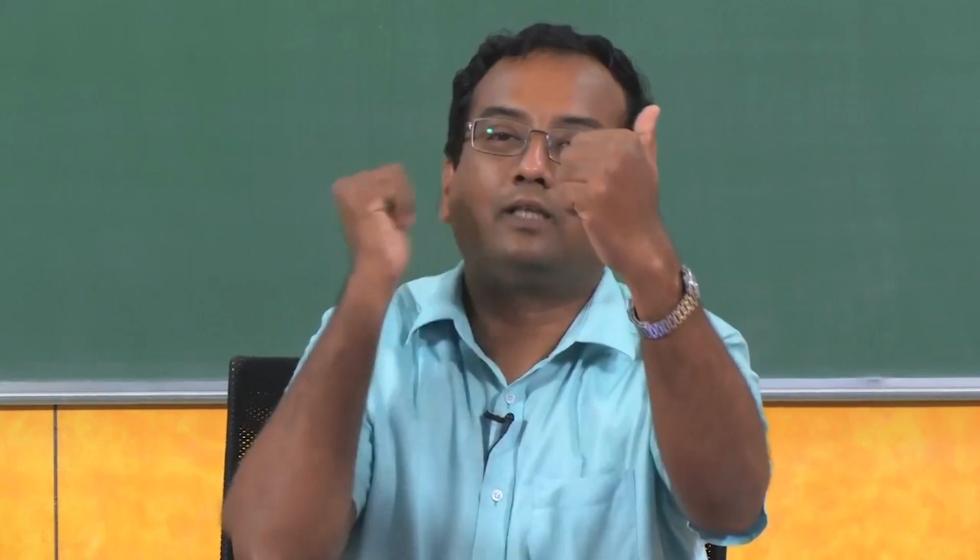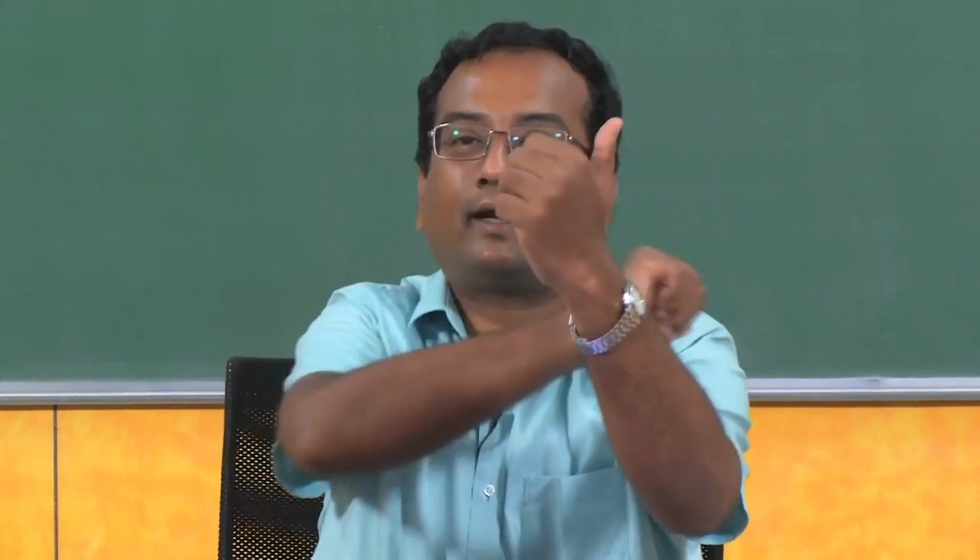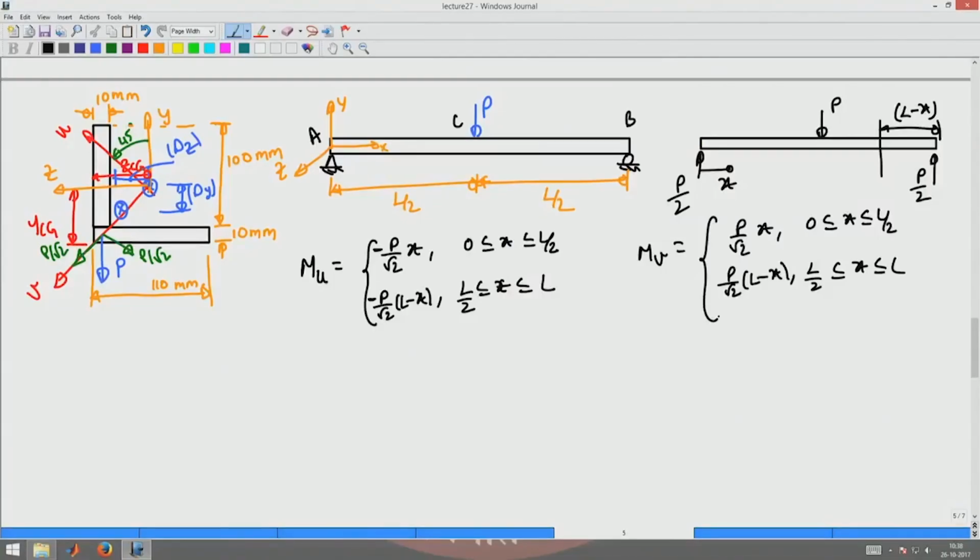Okay, the lever arm is along x, there is a load acting like this, so there will be a moment Mu produced because of that load. Okay, and that will be a negative moment, and Mv moment is the moment produced due to the load acting along u due to a lever arm along the x direction. Okay, that will be the Mv moment, so that will be given by this expression in here.